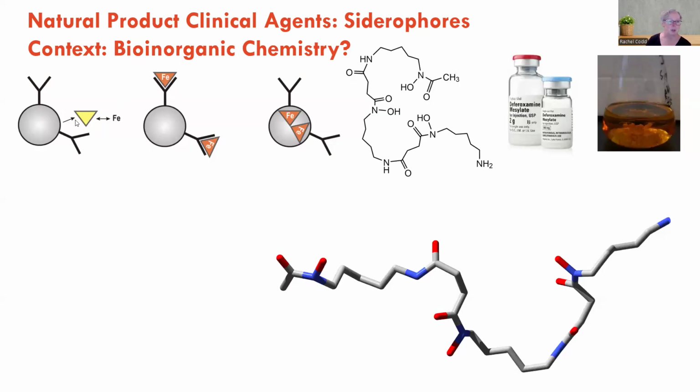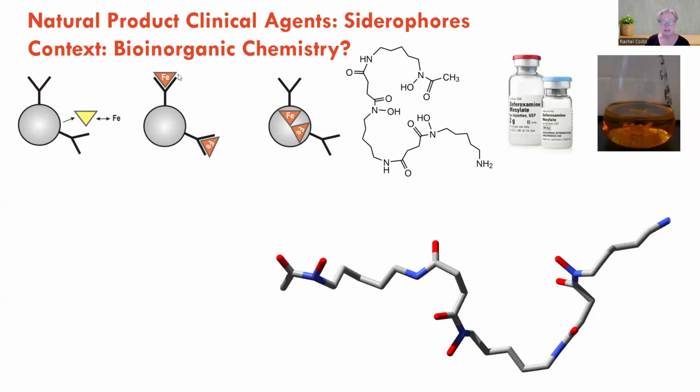What I've shown in this very simple cartoon is the process for iron acquisition. The yellow triangle represents the siderophore with no bound iron. This compound coordinates iron with very, very high affinity. The iron siderophore complex is recognized by cell surface receptors that are upregulated by the producing bacterium. This receptor recognizes the complex in the iron-loaded form.